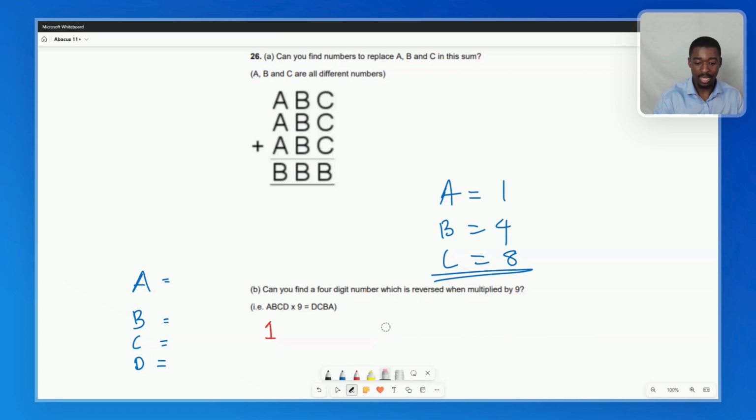And same thing for any number 2 or above. And of course, it can't be 0 because that would no longer be a 4-digit number. So using our logic and the constraints of the question, A has to be 1. That's useful.